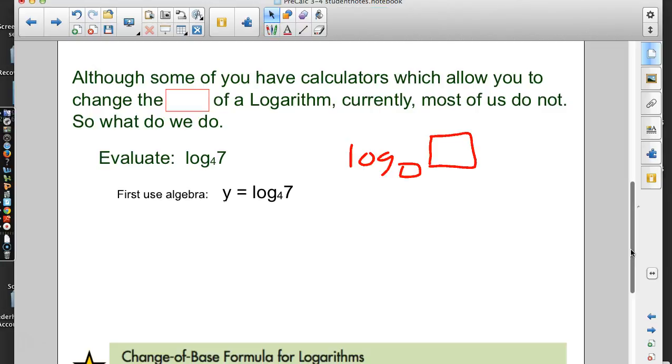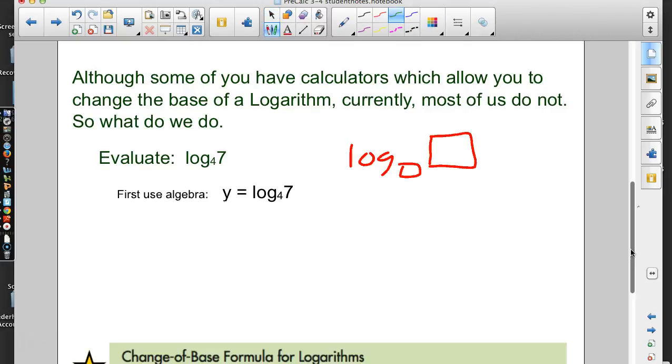Most of us don't. Most of us are not going to have those. Those are the newer calculators. So we're going to have to use the change of base formula, and it's something you have to know how to do anyway, because a lot of college classes require that you show the work when you use the change of base formula. So most of us don't have it. Some do. The newer ones do it.